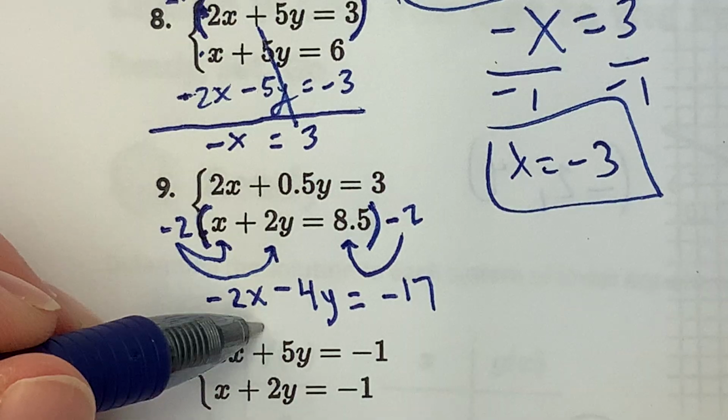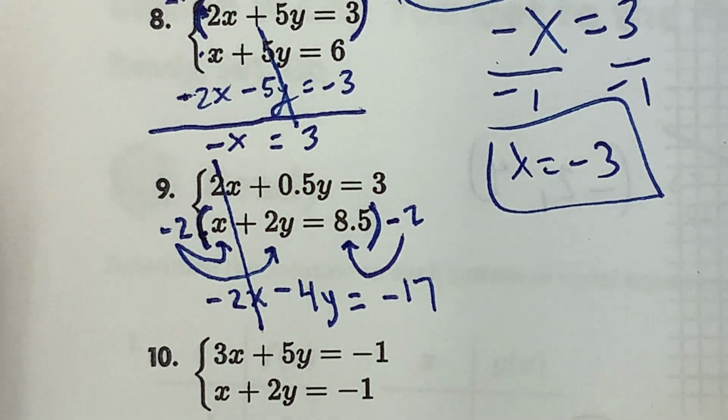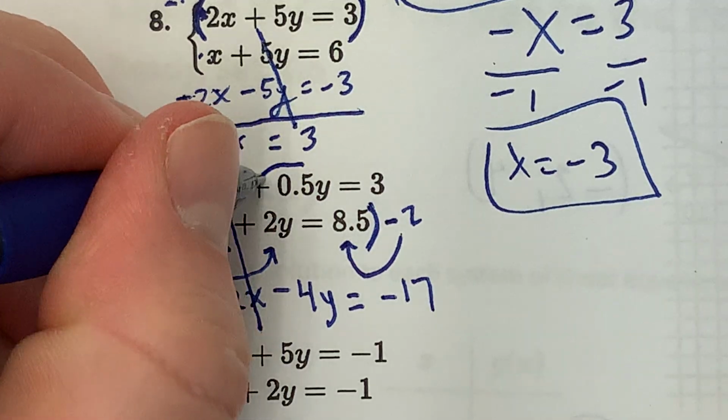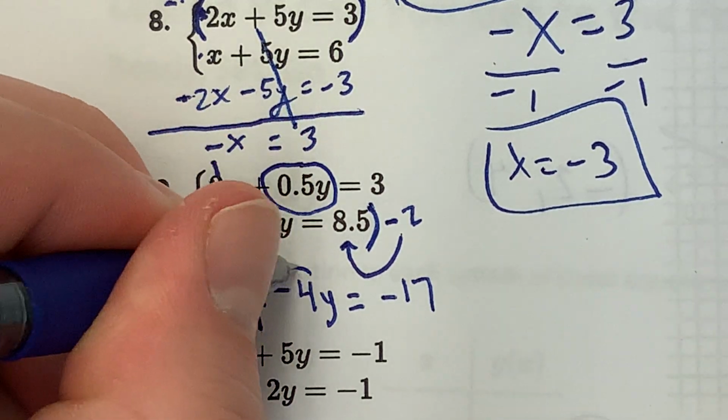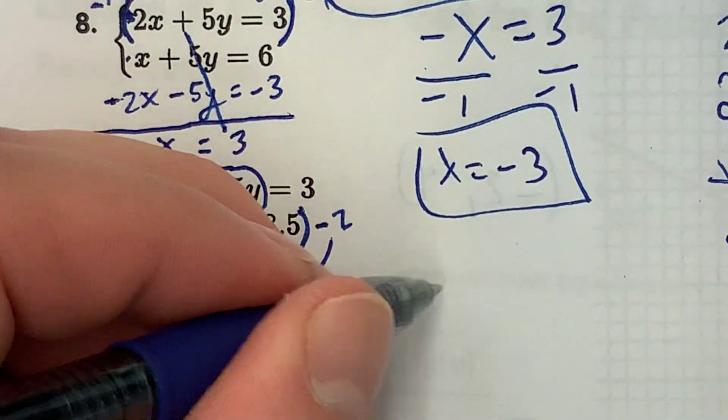Now these cancel. But I have to add the 0.5y to my -4y, which will be -3.5y.